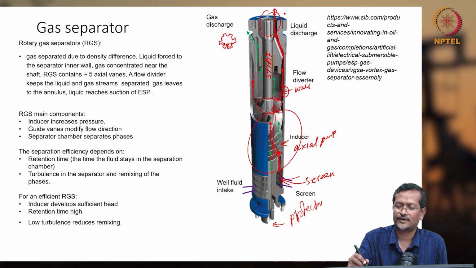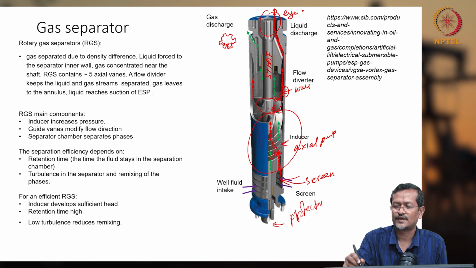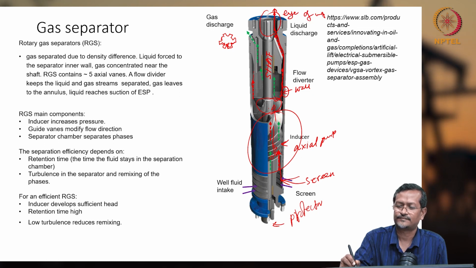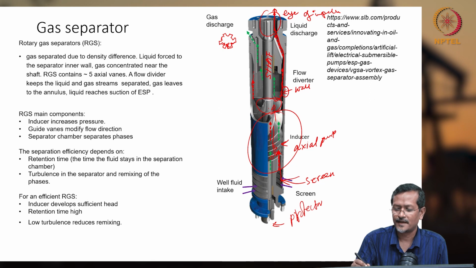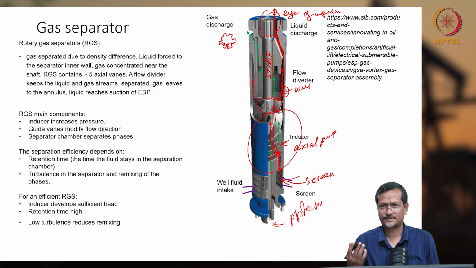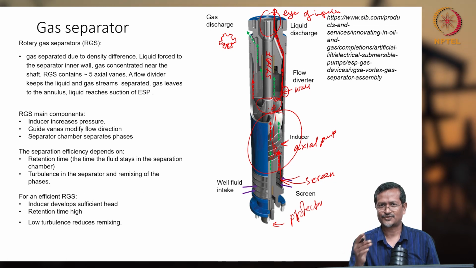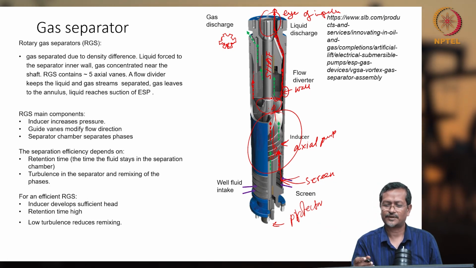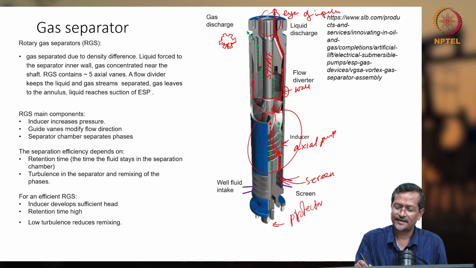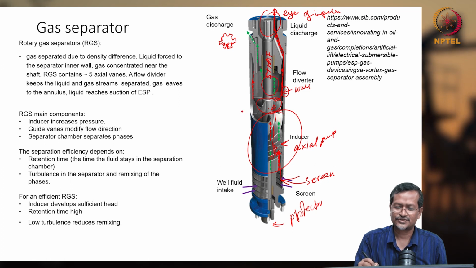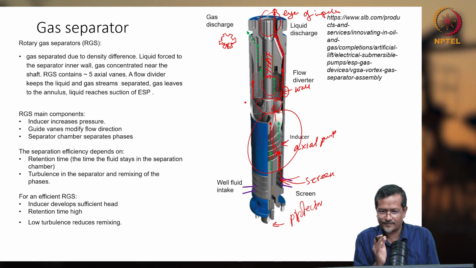It will go to the pump intake or eye of the impeller. And the gas, because it did not get a chance to touch the outer wall, what will it do? Frustratingly, it will be touching this shaft area nearby.